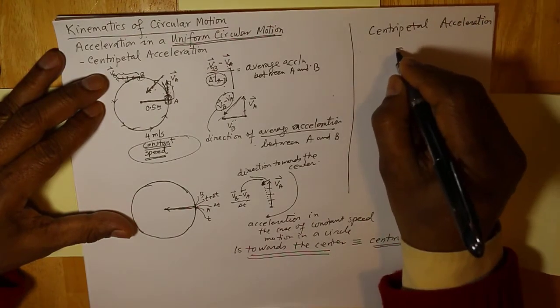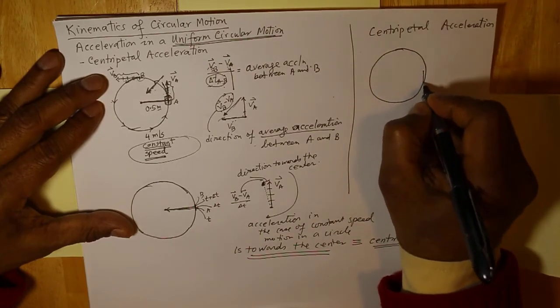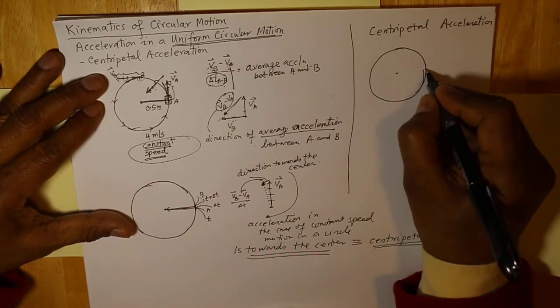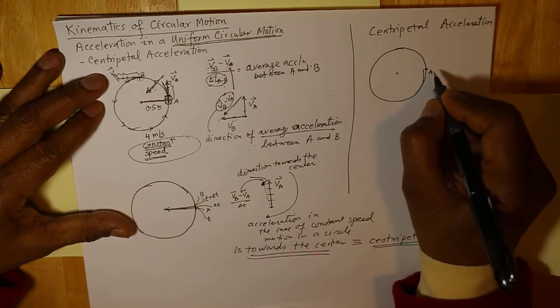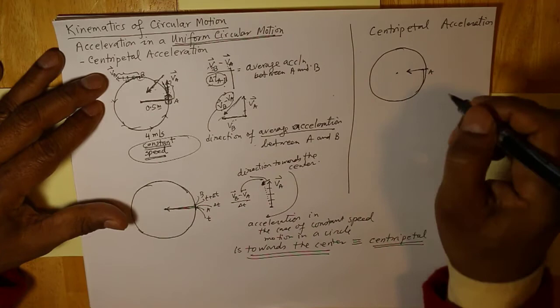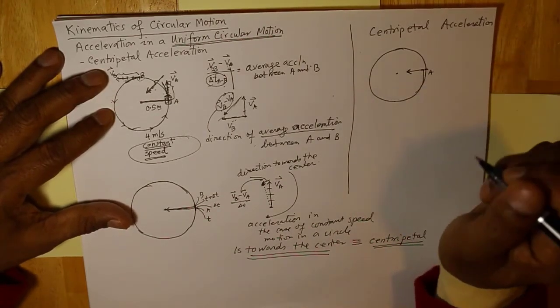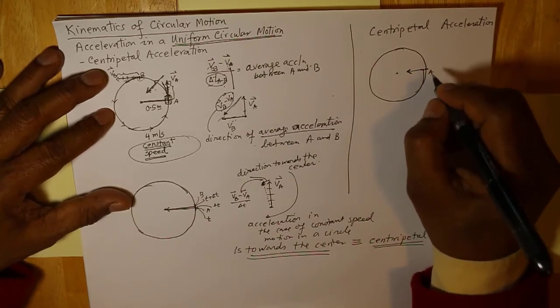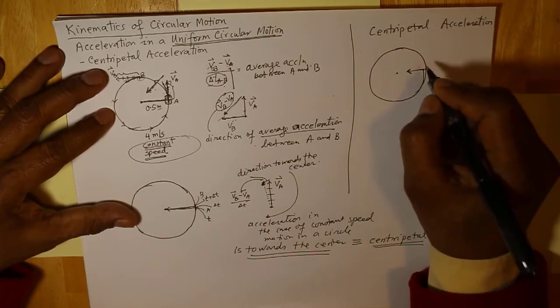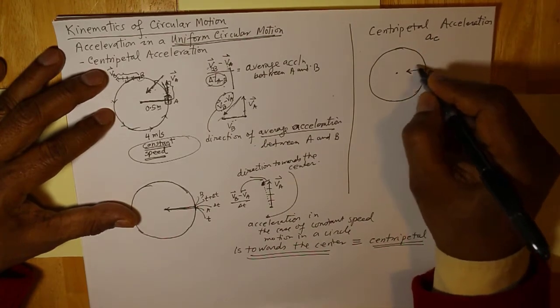Now that we have the direction of the acceleration at a point, not average, I'm over here and I want to know what my acceleration is. Its acceleration is towards the center. Then I want to know what the magnitude is. Well, that's actually a very difficult calculation, but we know the formula for that. We will use the symbol AC to denote the magnitude of this kind of acceleration.